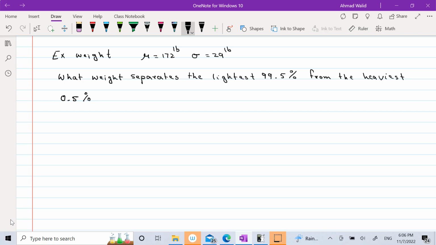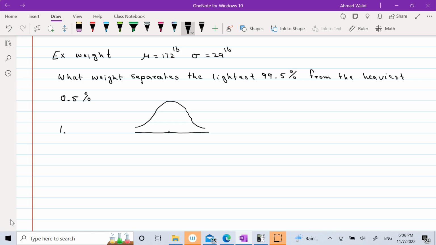Correct? What I do here in my step number 1, I'll draw the picture. Please always draw the picture. If you don't draw the picture, then it's so difficult to understand what you are dealing with. The graph of normal distribution, correct?